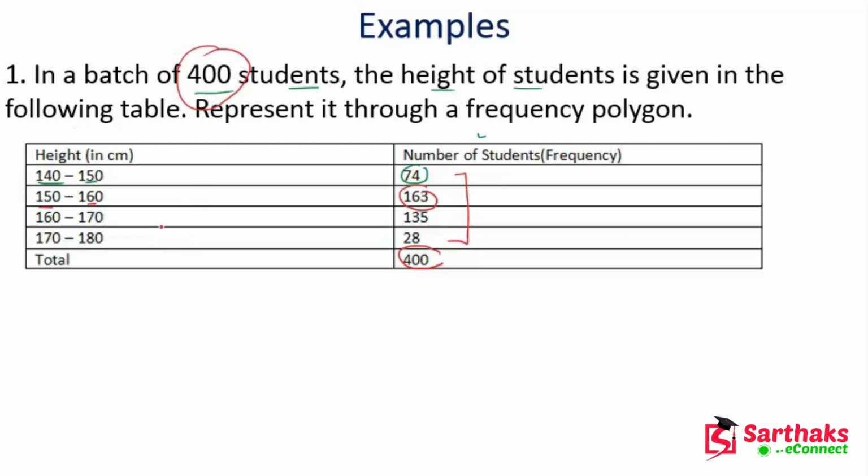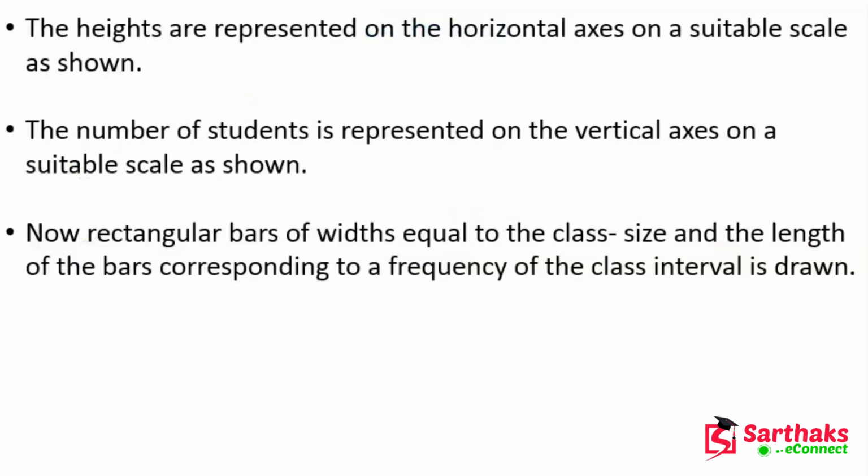Now we have to represent it, so let's see the steps. The heights are represented on the horizontal axis on a suitable scale. The number of students is represented on the vertical axis on a suitable scale as shown.